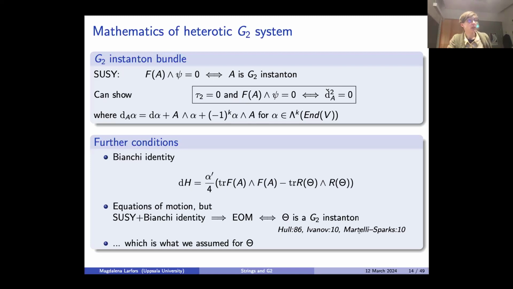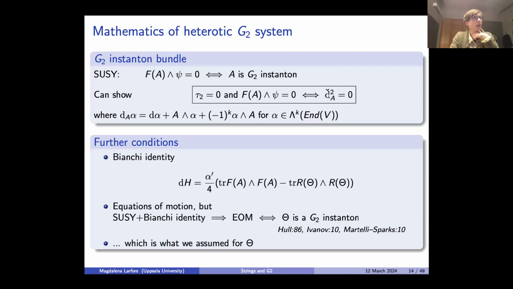But from these theorems by Hull, Ivanov, and Martelli-Sparks, we know that if we now assume that theta is a G2 instanton, as we did, then we don't have to worry about the equations of motion. However, we should encode the Bianchi identity into our geometry in some form.